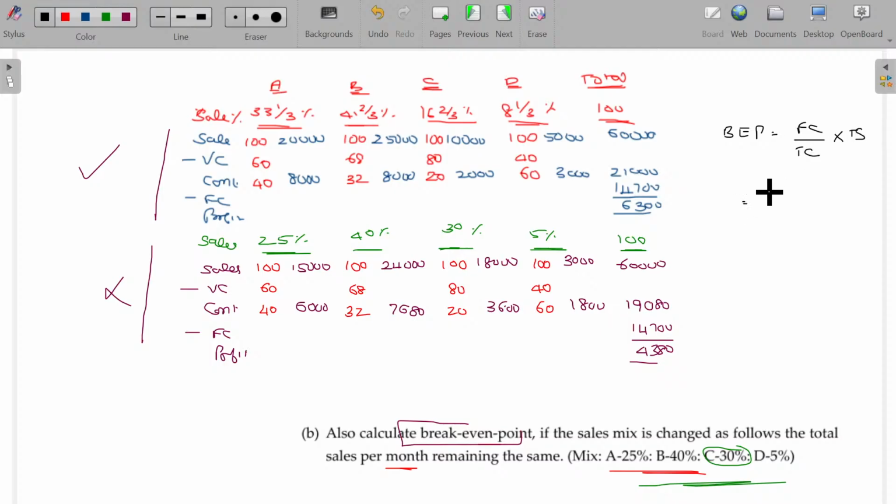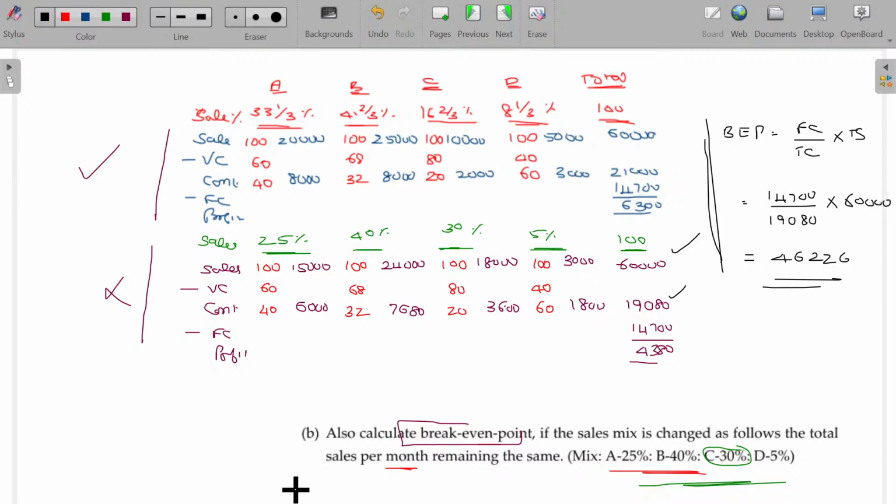So fixed cost here is 14,700, total contribution is 19,080, total sales is 60,000 rupees. Find out the BEP in this case. So 46,226. Okay, so this is your BEP.